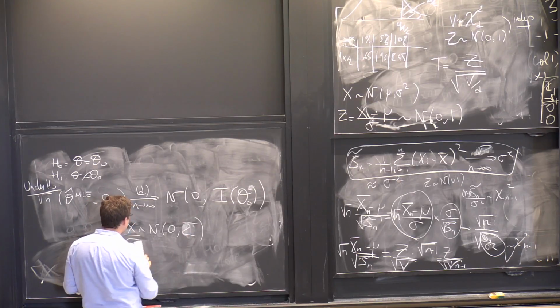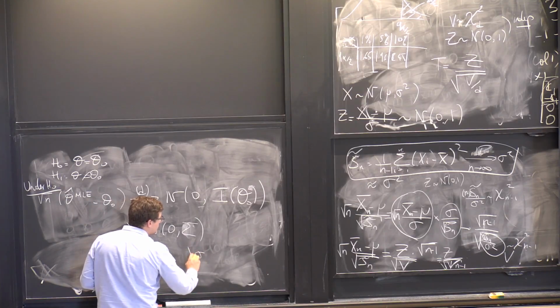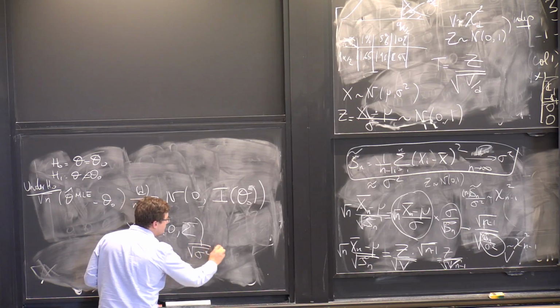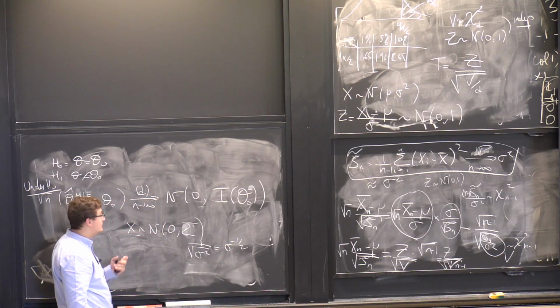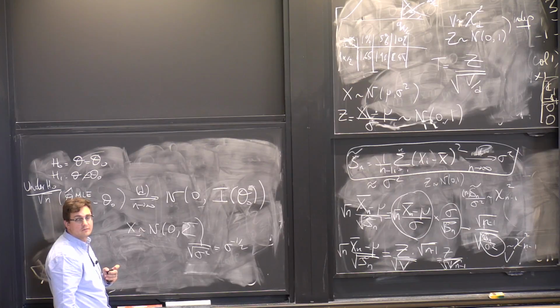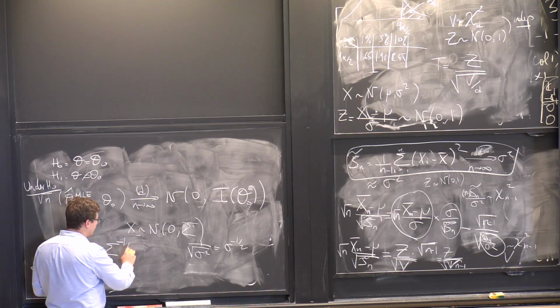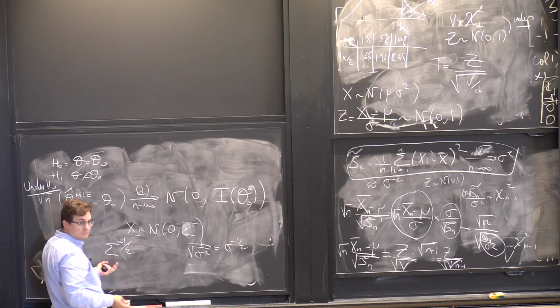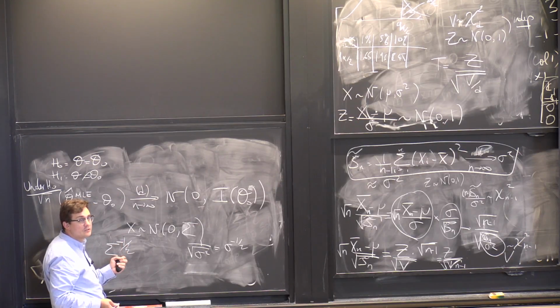And so what I'm going to do is the following. 1 over square root of sigma squared can be written as sigma to the negative 1/2. And this is actually the same thing here. So I'm going to write it as sigma to the negative 1/2. And now this guy is well defined. This is a positive symmetric matrix, and you can define its square root by, for example, taking the square root of its eigenvalues.